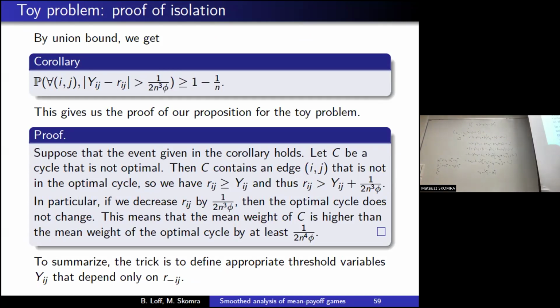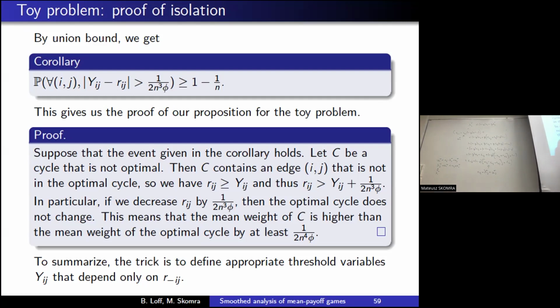Let's see a cycle that is not optimal. Since your cycle is not optimal, it contains an edge that is not in the optimal cycle. For this edge, Rij is by definition higher than the threshold, so by the property, it is very much higher than the threshold.